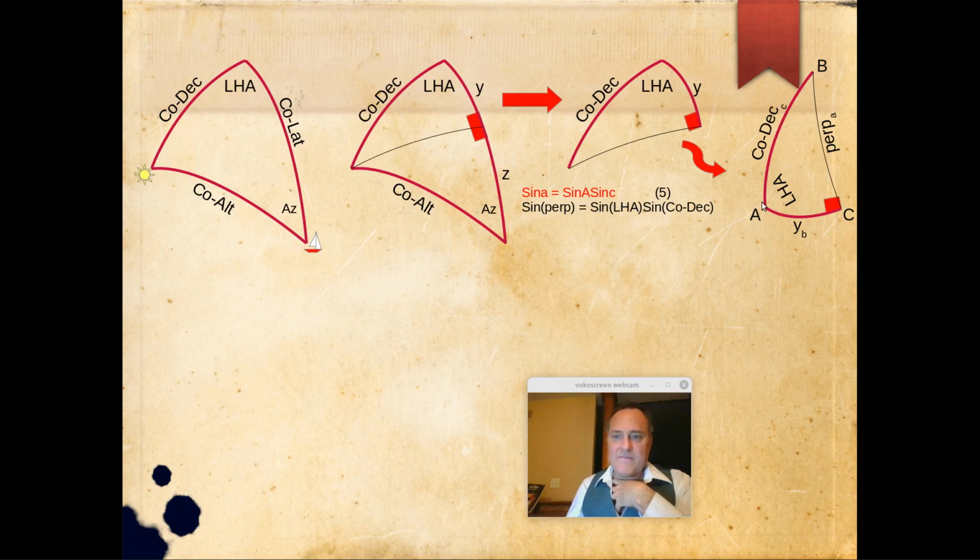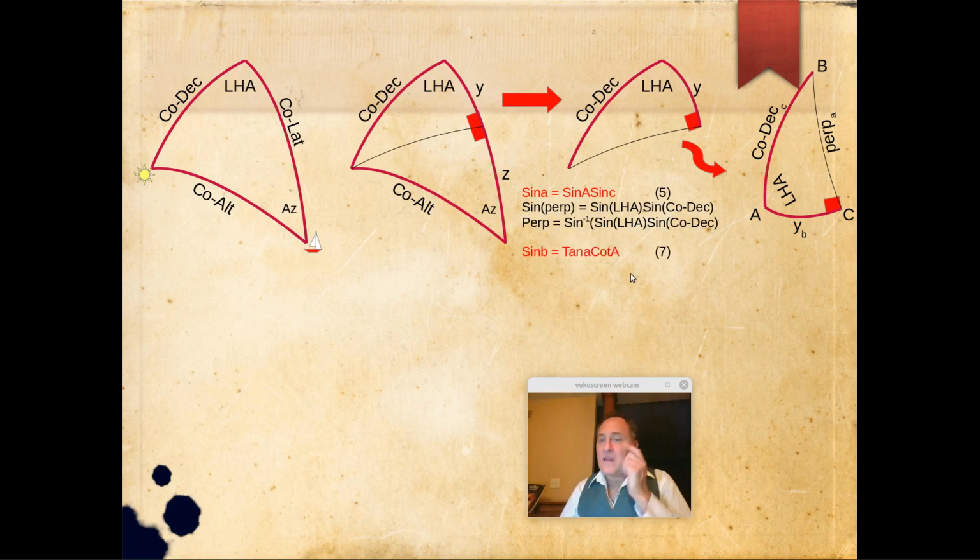Do you see that? I know it seems complicated, and it is. And I can find the perpendicular, or isolate the value of this perpendicular length, by taking the anti-sine of both sides. And here I do just that.